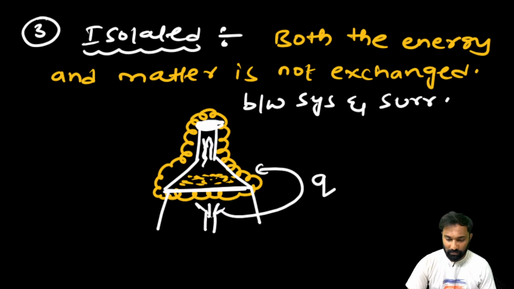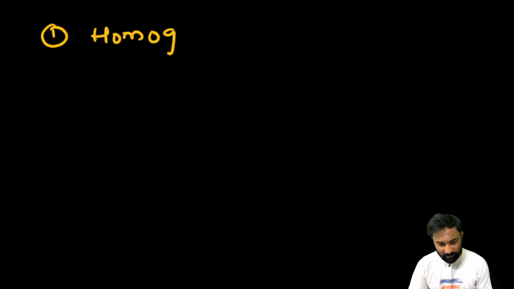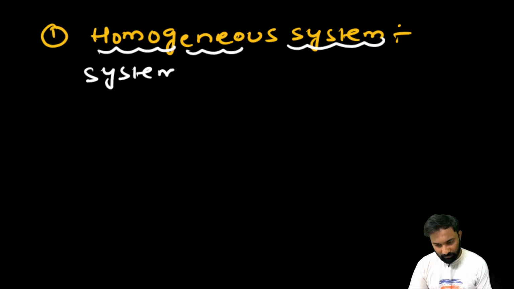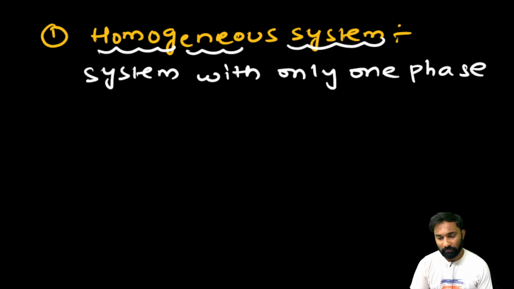Done. Now the next we are going to see are the homogeneous system and the heterogeneous system. What is the meaning of the homogeneous system and of the heterogeneous system? Homo means same phase. Homogeneous system means a system with only one phase.